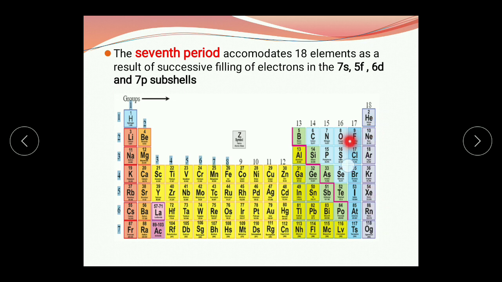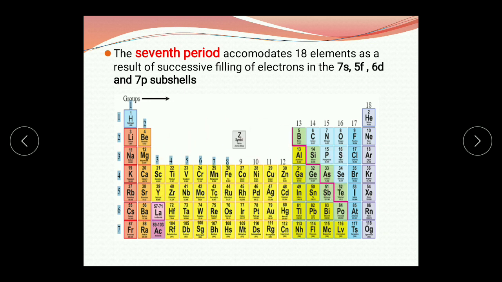There are 6 groups in the p block because p has a capacity to accommodate 6 electrons. There are 10 columns or 10 groups in the d block because d has a capacity to accommodate 10 electrons, and there are 14 columns in the f block because f has a capacity to accommodate 14 electrons. So the s, p, d, f arrangement is here.